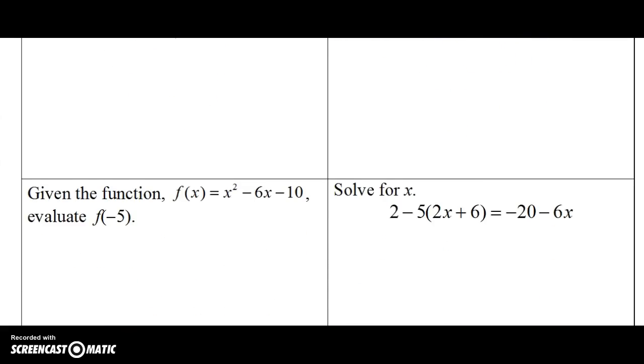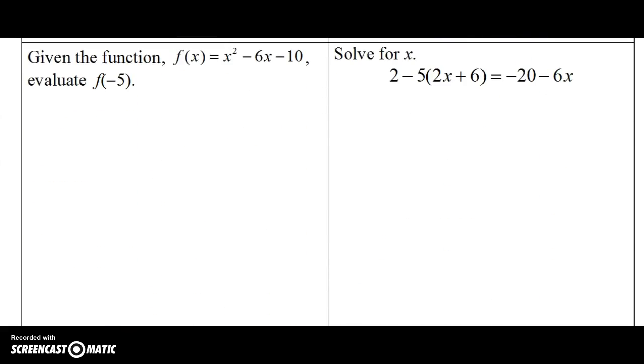Looking at the 2 bottom problems, the first situation is evaluating a function using function notation. Function notation is another form of substitution.